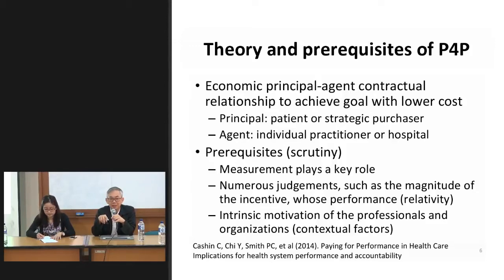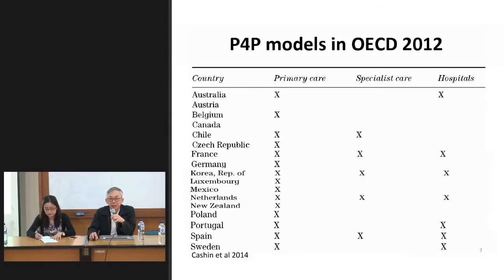The OECD countries, in 2012, there are about 33 countries of the member of the developed countries. And they classify that P4P models apply most in primary care system.